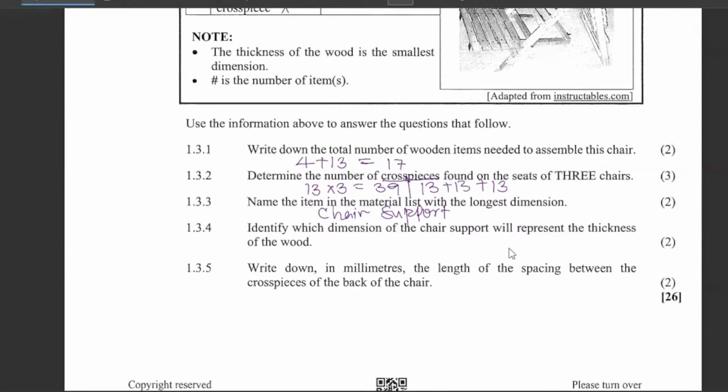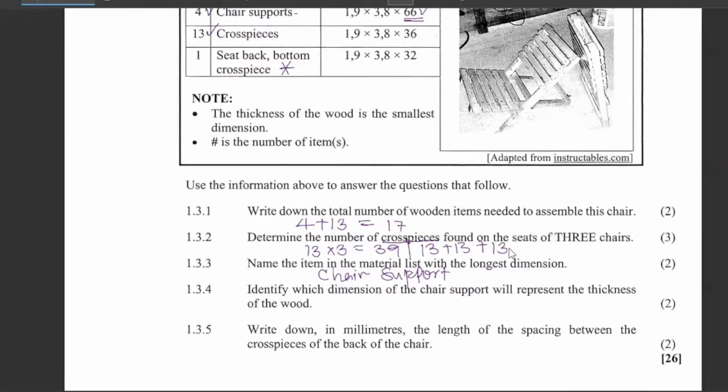The chair supports. Identify which dimension of the chair support will represent the thickness of the wood. They have told us the thickness of the wood takes the smallest value.